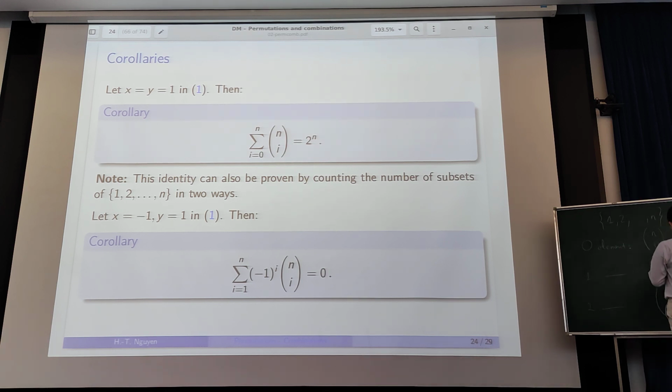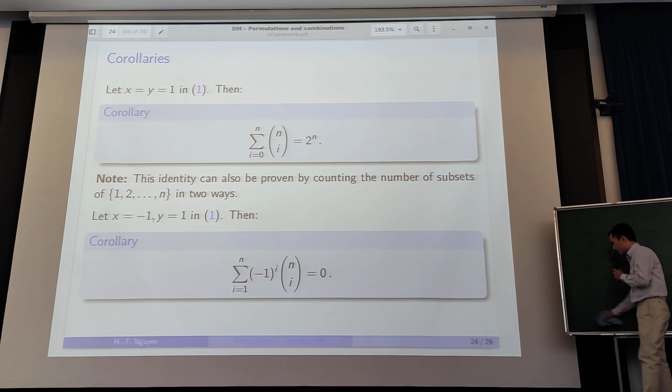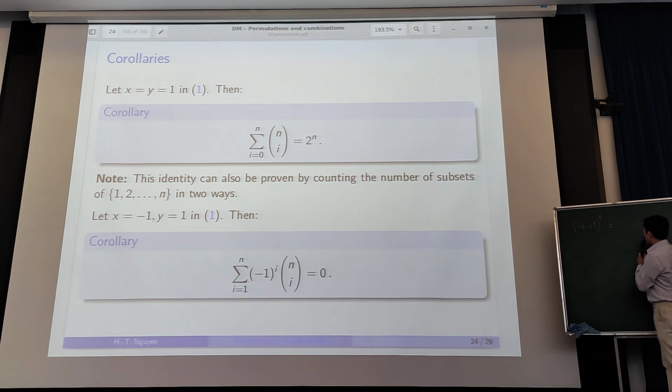So you can write, for example, the detailed formula for the case, let's say n equal to 6. So if n is equal to 6, you have minus 1 plus 1 to the power 6, which should be equal to 6 choose 0 minus 1 to the power 6, plus 6 choose 1 minus 1 to the power 5 times 1.